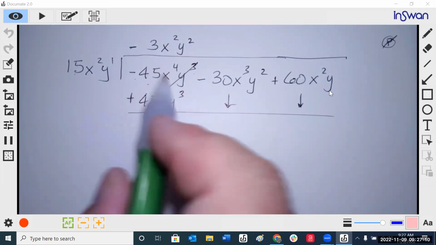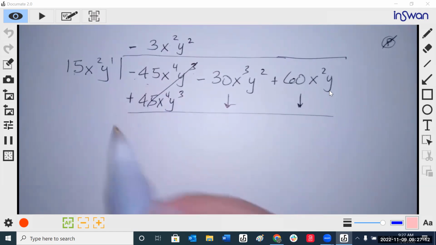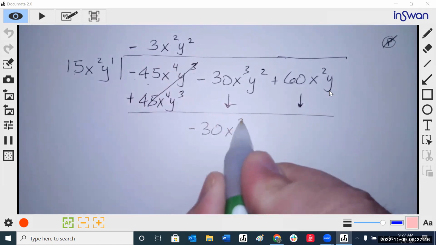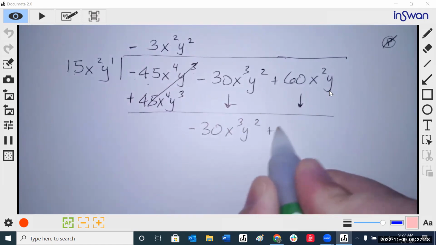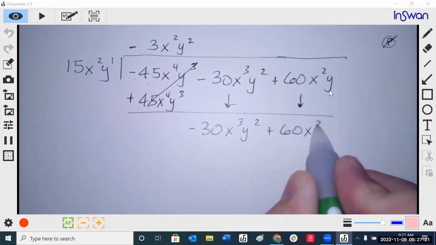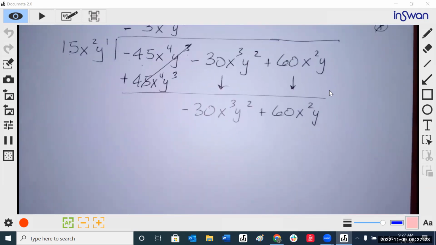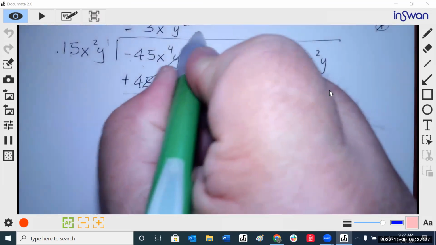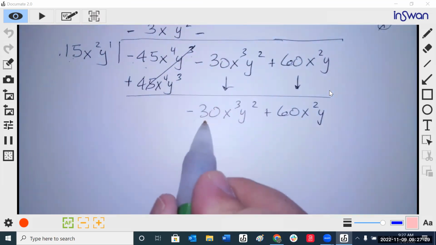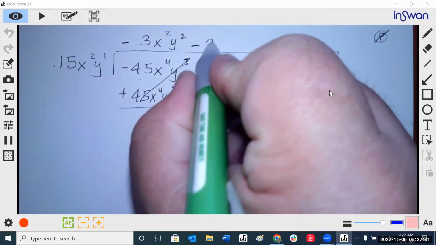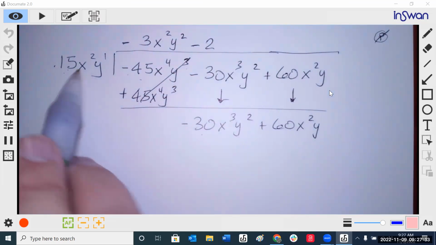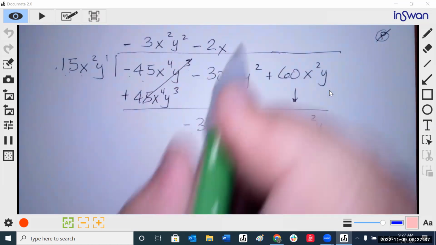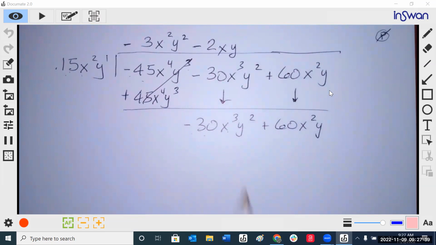This number here should cancel every time. If it doesn't, you did something wrong. So let's see what we have left. Positive times negative is a negative. What times 15 gives me 30? How many more x's do we need? How many more y's do we need? Good.